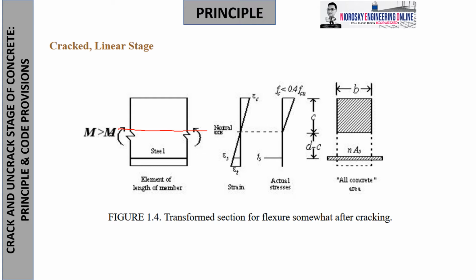So meaning, the effective area is only the compression, assuming positive bending, and the tension will now be dependent on the tension reinforcement that is being installed. So you have to neglect already the effect of the concrete under tension, okay? So therefore, in this illustration, it becomes n times As, since n represents the modular ratio, and As is the steel rebar.